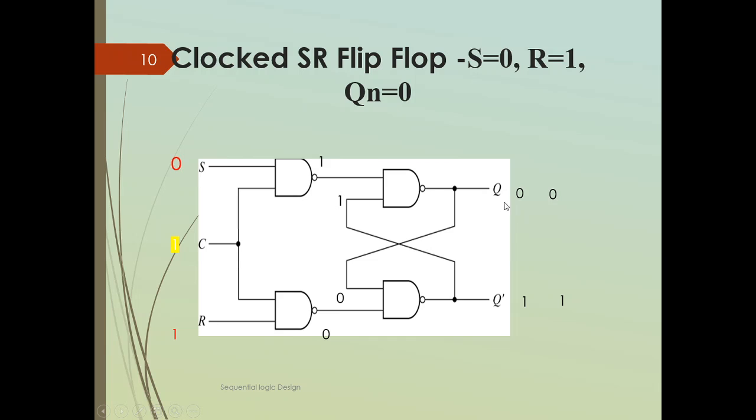So which is input to this NAND gate, 1, 0. Again the same thing: if any input of this NAND gate is 0, the output is 1. The inputs to this NAND gate are 1, 1, so the output is 0. So we have tested it. Whether you assume Q equal to 0 or Q equal to 1, the output is Q equal to 0 and Q bar equal to 1. So this is what we have tested, one condition.